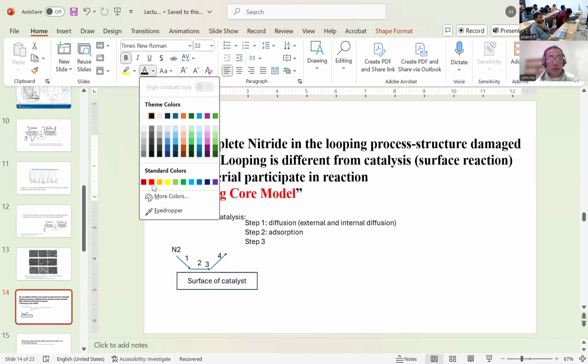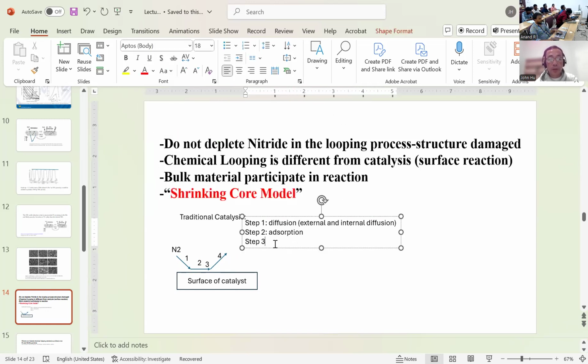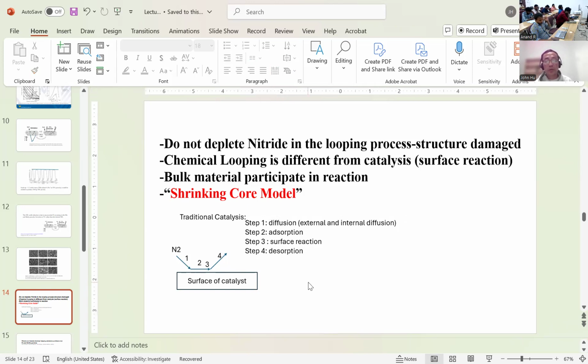So basically adsorption, then step 3, surface reaction, and step 4, desorption. Desorption means after the surface reaction, the molecules leave and go to the gas phase. So in this traditional process, N2 diffuses to the surface, then adsorption, surface reaction, then desorption. If you read any literature, it will tell you about these steps.